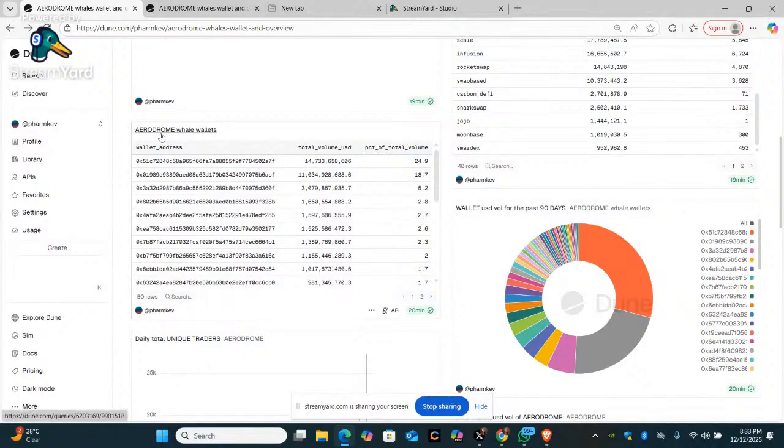So if there is going to be any wave or any form of market shift or movement, it could be determined by these guys here.